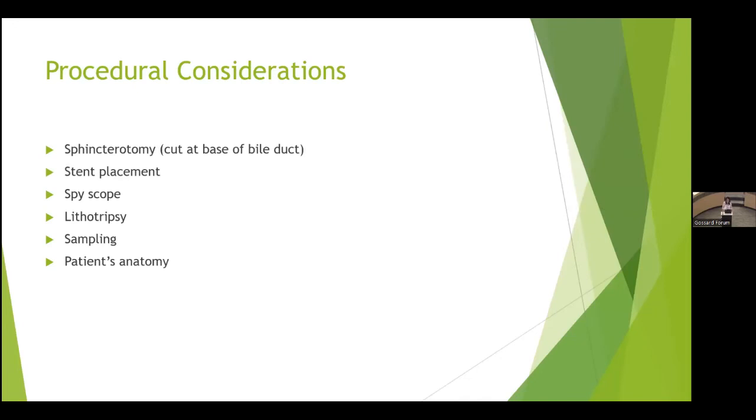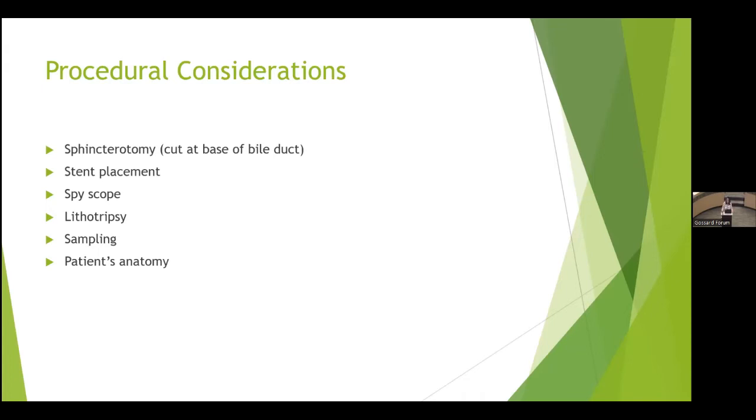So procedural considerations. As we move into the specifics of these, it's important to note that many factors contribute to an individual's risk for complications, and some of these are outlined on this slide. So the indication for the procedure is really important to note, as that in and of itself can alter a patient's risk factors for ERCP complications and often dictates what type of intraprocedural steps are made.